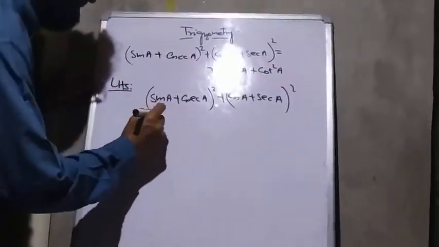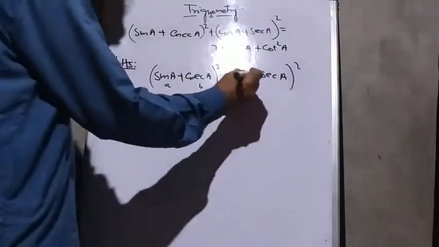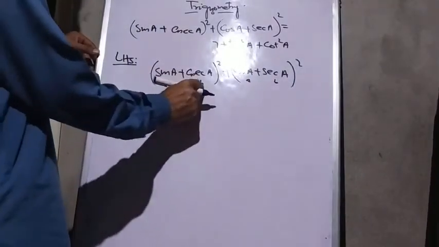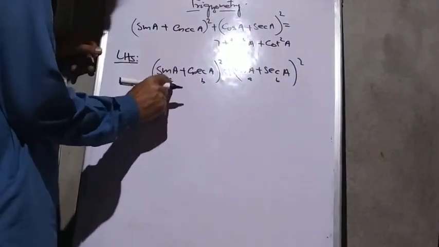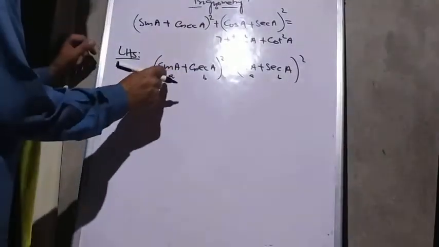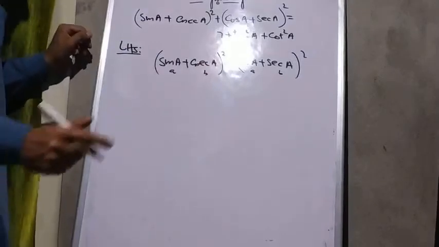Let's apply here A plus B whole square, and here also A plus B whole square. Instead of A we have here sin A, for B we have here cosec A, and A plus B whole square we know is A square plus B square plus 2AB.